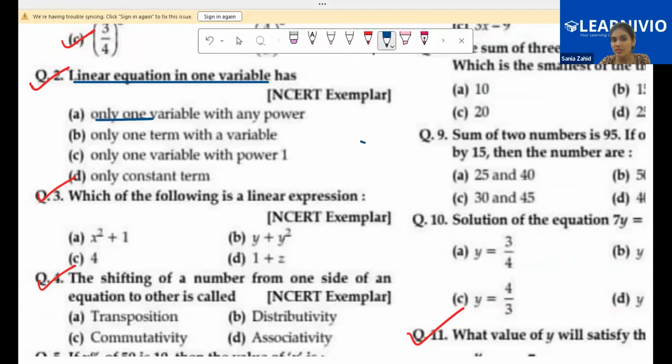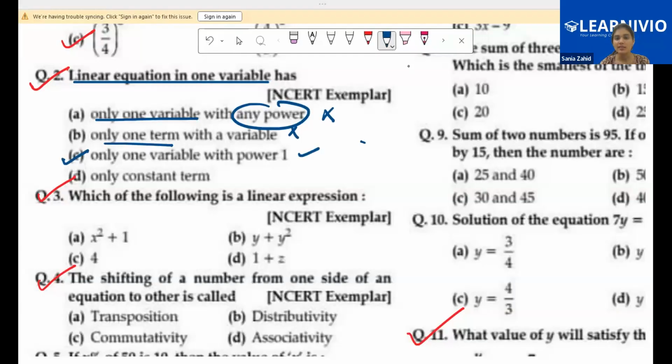So only one variable, this is correct. With any power, this is wrong. Only one term? No, it is not necessary that there should be only one term. 5x plus 7 has two terms, so this is also wrong. Only one variable with power 1, yes, this is correct. So the second question's option is C. Okay.